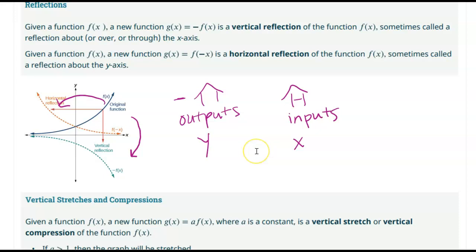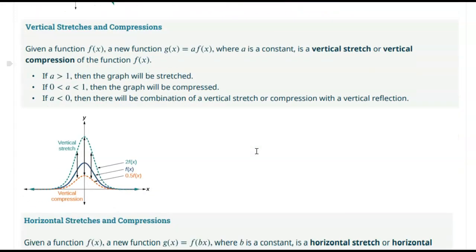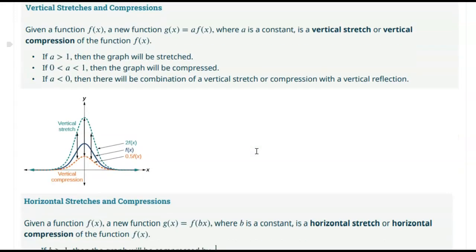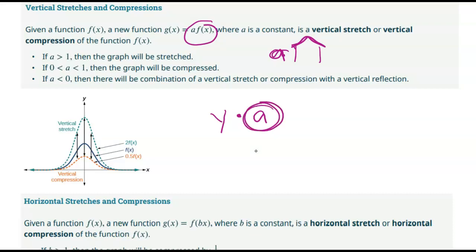Additionally, you might have numbers on the outside of your function. If that number is greater than 1, then your y's are going to get multiplied by the a. I'm looking right here, a is outside the house, so we're going to affect the outputs. If a is positive and greater than 1, then it's going to make your y's grow a lot quicker.